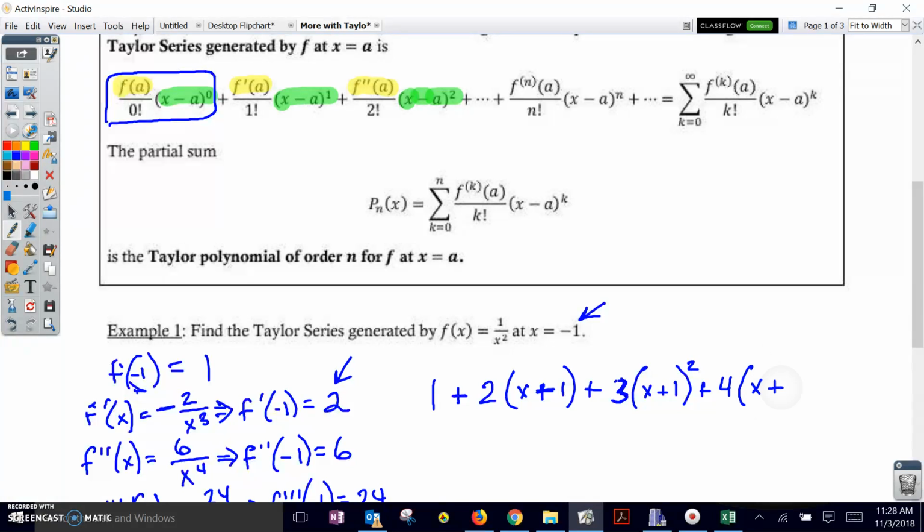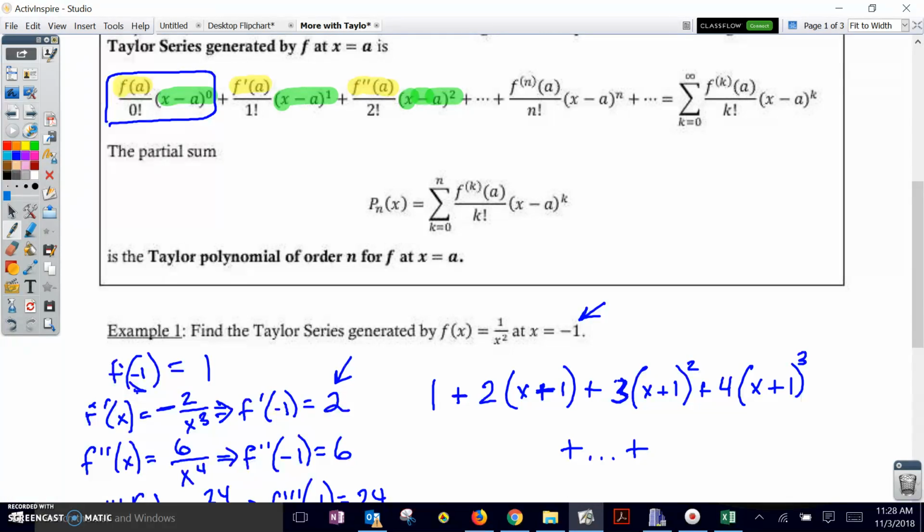And hopefully by listing the first couple of terms of this, we readily see how to write our general term. We're going to add on a bunch of terms, and then our general term is going to be, let's see, what is it going to be?